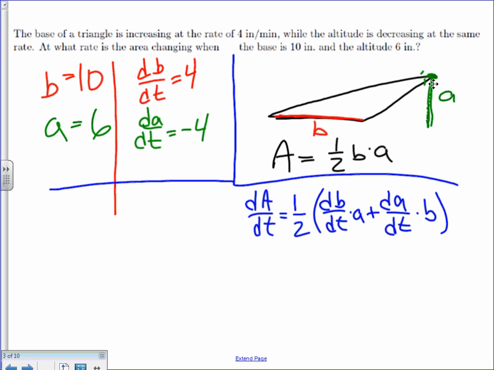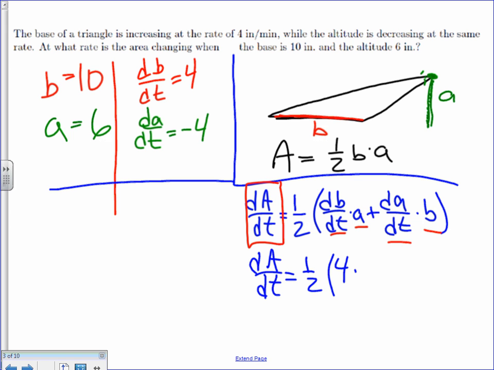And now let's see. I'm trying to solve for dA/dt right here. That's what I want to get. And I've got a dB/dt, I've got an A, I've got a dA/dt, I've got a B. I've got everything I need. I just have to plug on in. dA/dt equals 1/2. Now dB/dt is 4 times A is 6 plus dA/dt is -4 times 10.